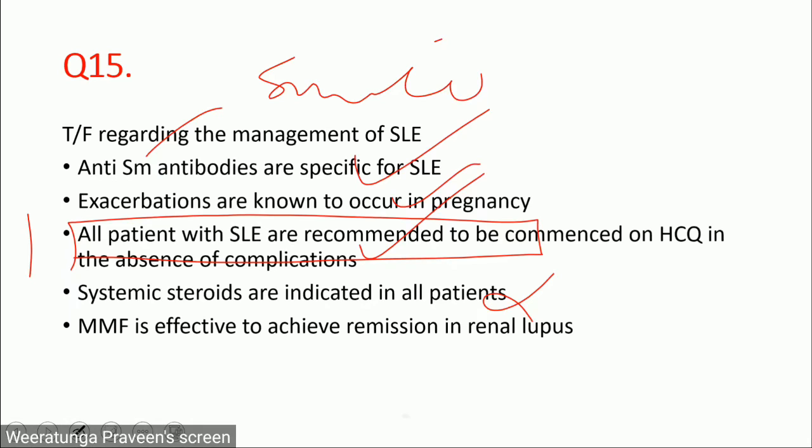But remember that the main principle here is trying to keep the dose of steroids as low as possible. The steroid is a very good drug, but in SLE, a main principle of treatment is we are trying to get the steroid dose down and under control very quickly.